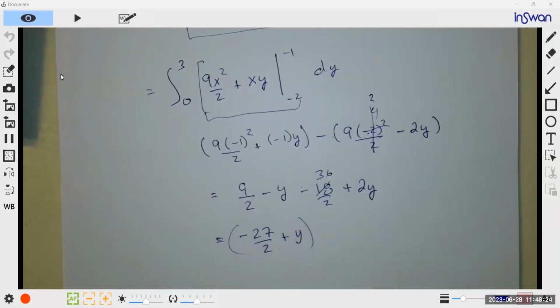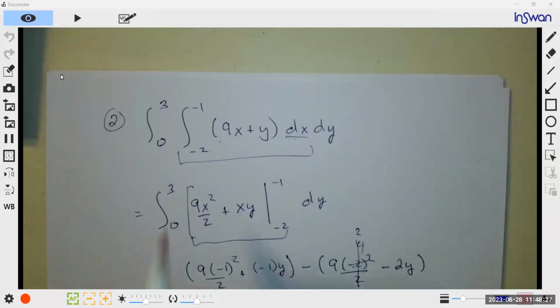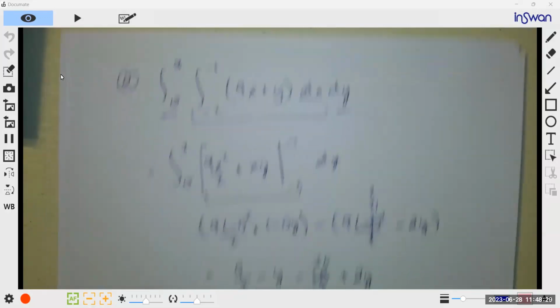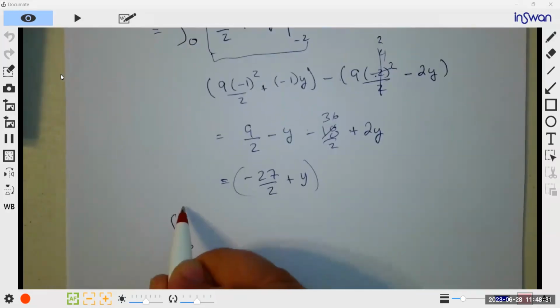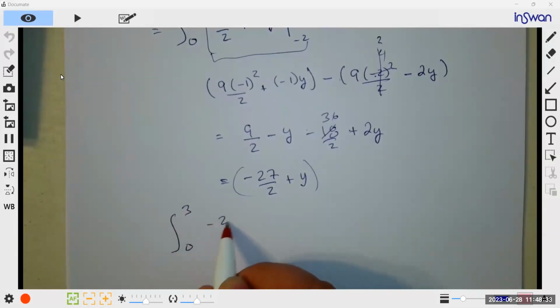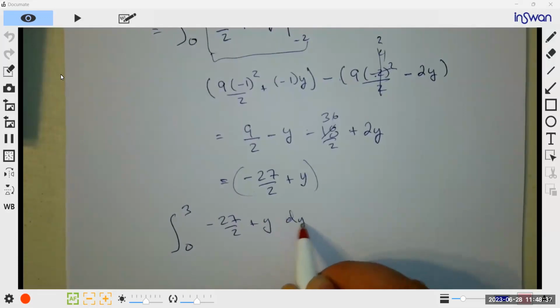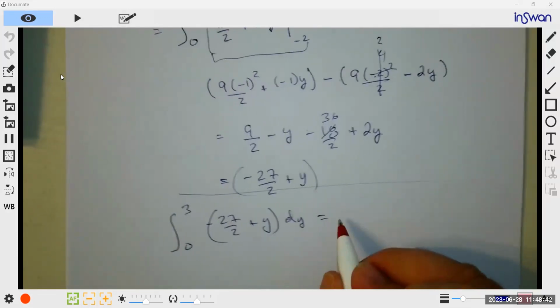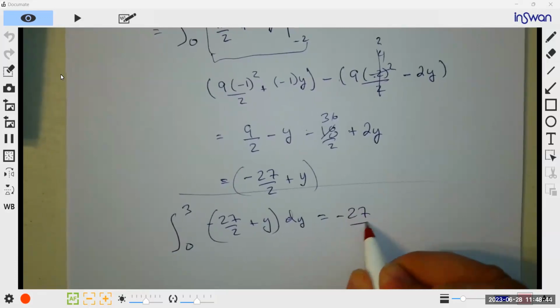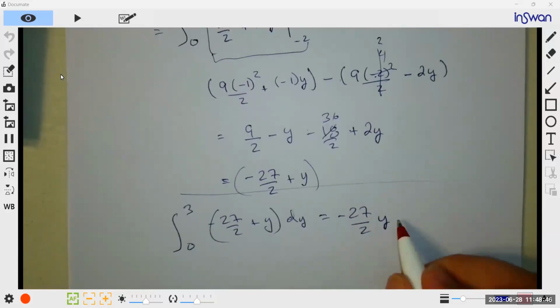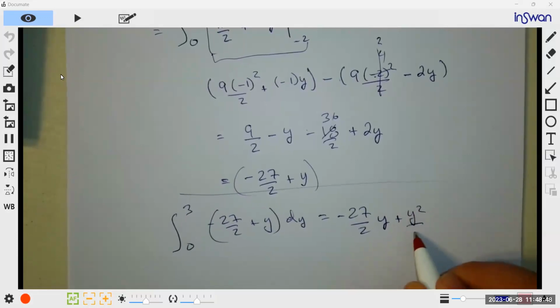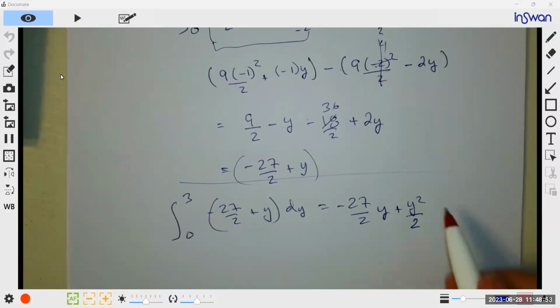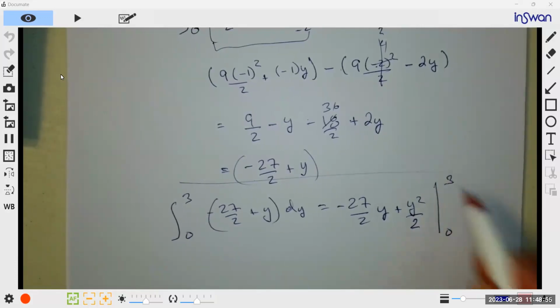So now we integrate it with respect to y. -27 over 2 plus y dy. So that becomes -27 over 2y plus y squared over 2 from 0 to 3.